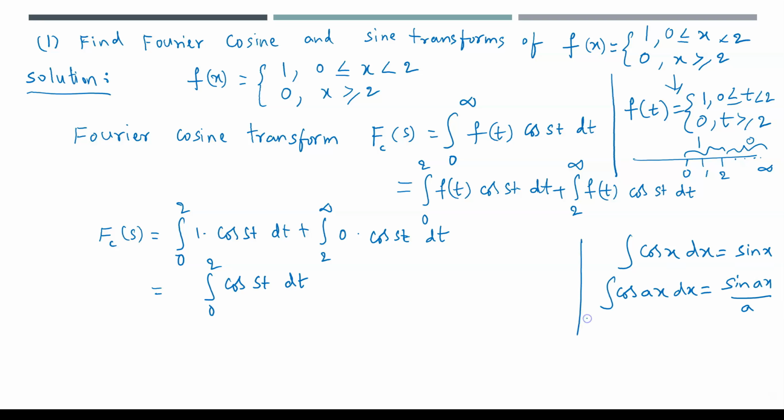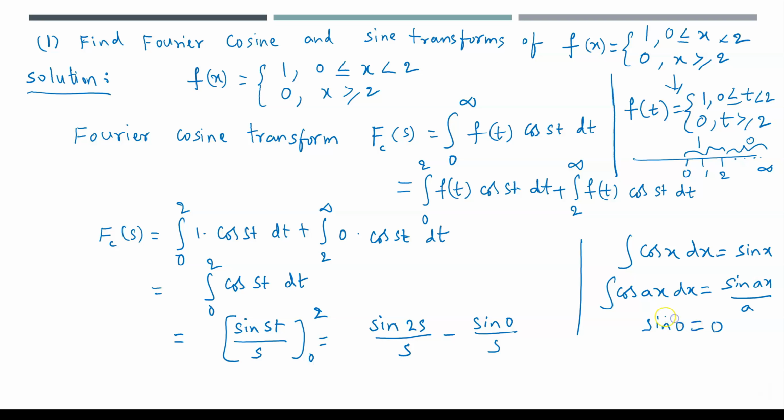We use this formula to integrate cos st. So here you get sin st upon s under the limits 0 to 2. If you put t equal to 2 first, we get sin 2s upon s minus sin 0 upon s. The value of sin 0 is 0. So here we get sin 2s upon s. This is the Fourier cosine transform.